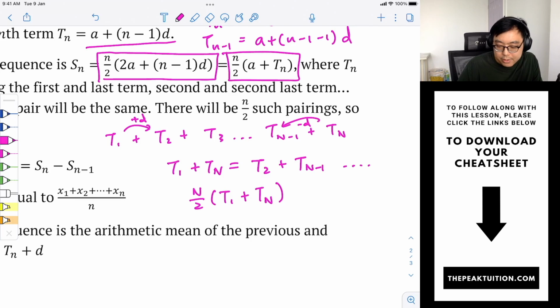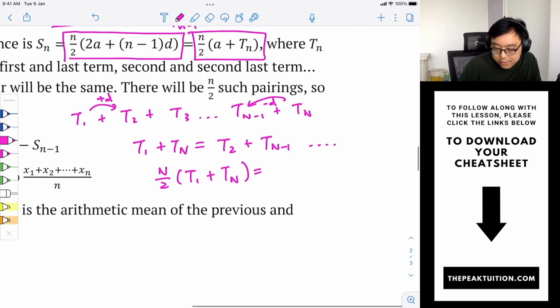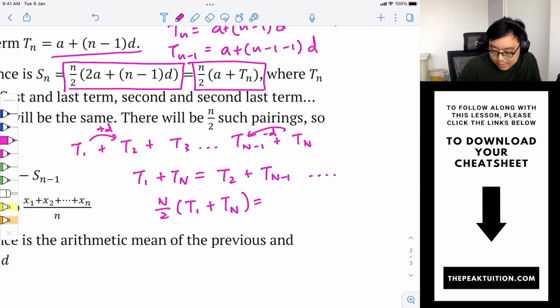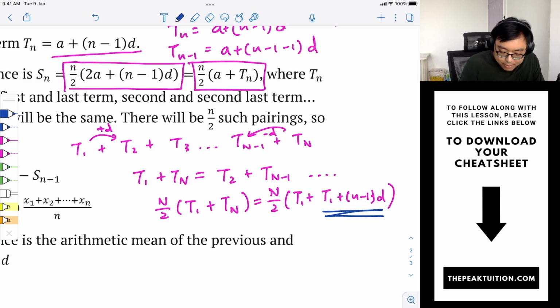Okay, so if it's t1 plus tn, this is also equal to n over 2 times (t1 plus t1 plus (n minus 1)d). So where did I get this t1 plus (n minus 1)d from? This is given by this over here. a is the first term, so a is t1.